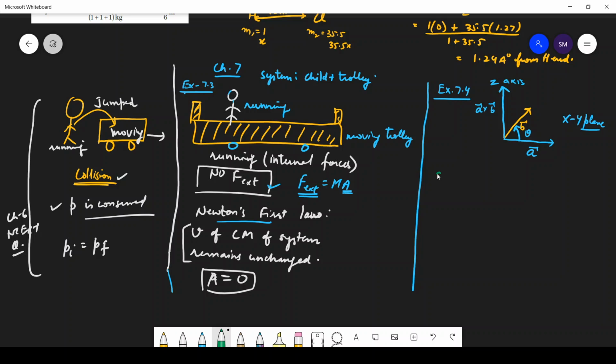We write A cross B as magnitude of A into magnitude of B into sine of the angle between them, times the direction which is perpendicular to A, perpendicular to B, and perpendicular to the plane containing A and B. Let it be n cap. So that's the formula we have.